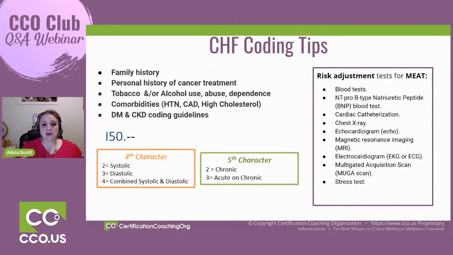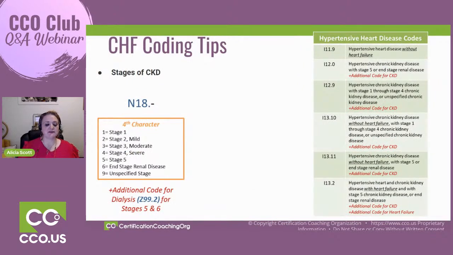So when you look at the plan of care, you're going to see that they did a chest x-ray, they identified something, so now we're going to send them out for an echo, or they did an MRI, or we're going to have the patient do a stress test. These are very common tests to see, as are cardiac catheterizations, to determine either that the patient has CHF or where they are in the severity and the type of CHF that they have.